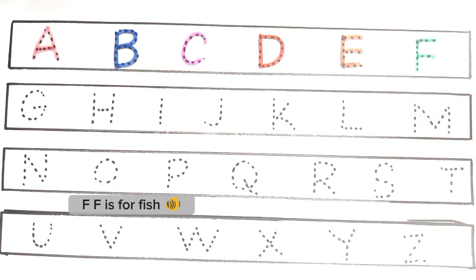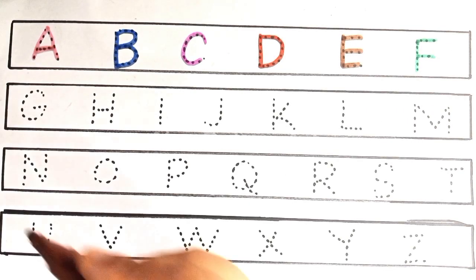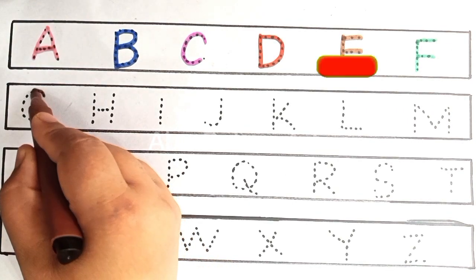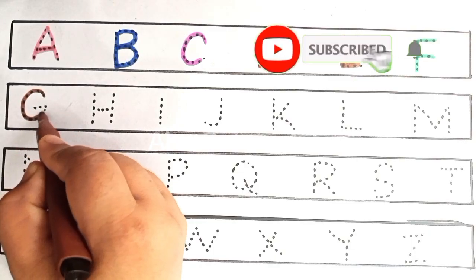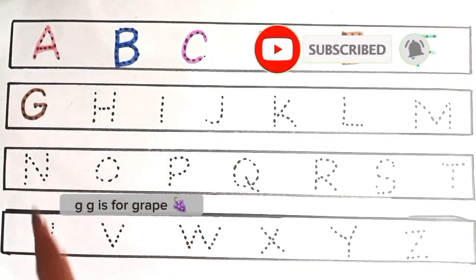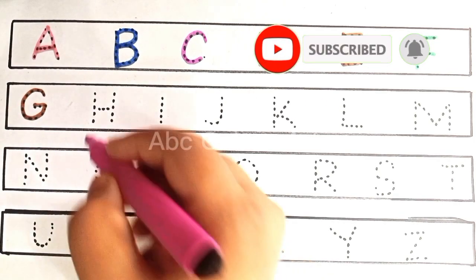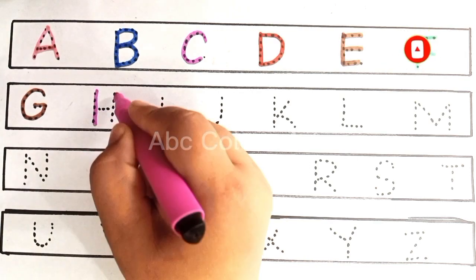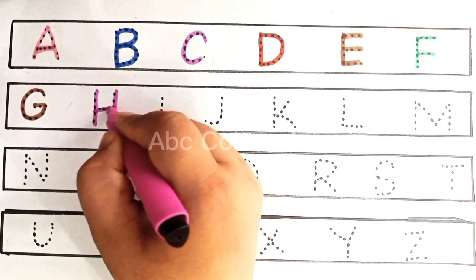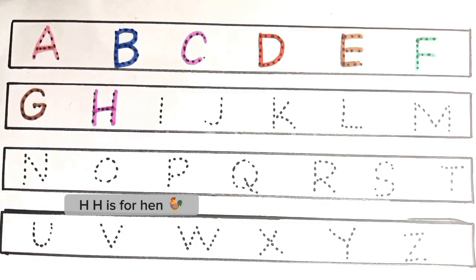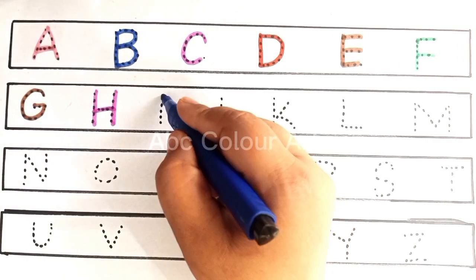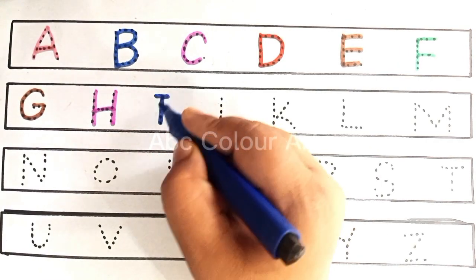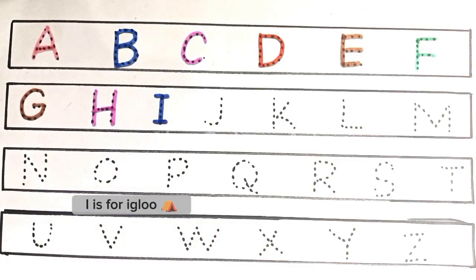F is for fish. G is for grape. H is for hen. I is for igloo.